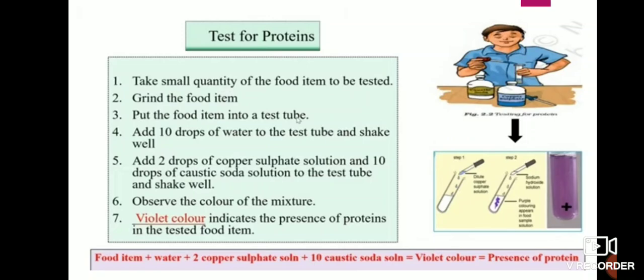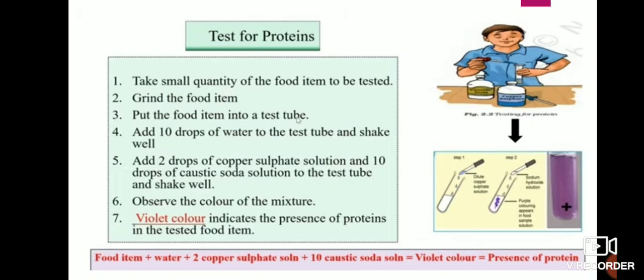Add 2 drops of copper sulfate solution and 10 drops of caustic soda solution to the test tube and shake well. Observe the color of the mixture. Violet color indicates the presence of proteins in the tested food item.